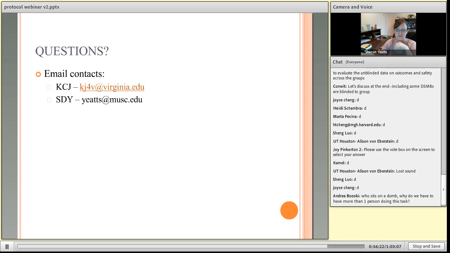Okay, who sits on a DSMB? This is a great question. So I would say universally, there is a statistician on a DSMB and a primary disease content expert. So I would say those two are probably the standard. And then you have lots of people that have other areas of expertise that might be on the data safety monitoring board. So they could be a radiologist, they could be somebody in a different area of expertise.